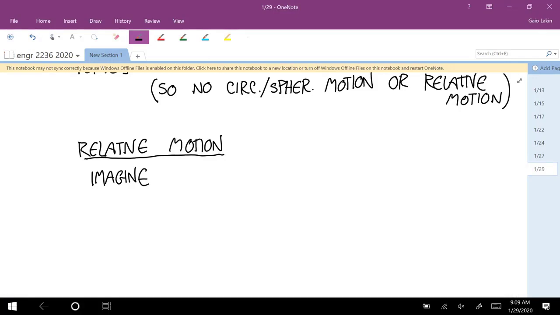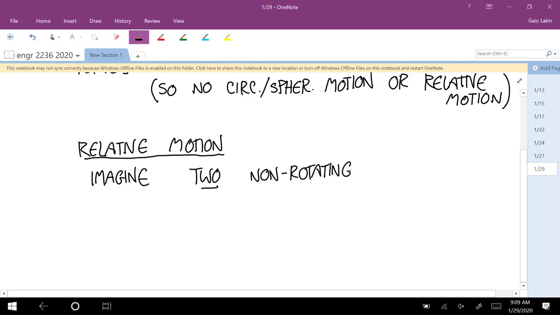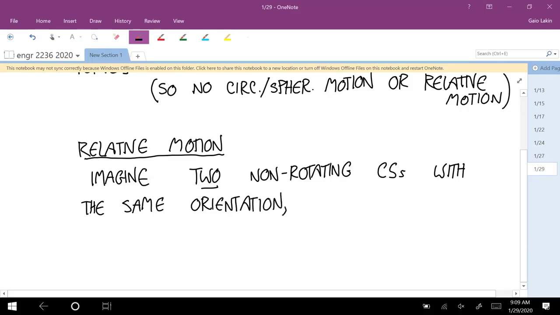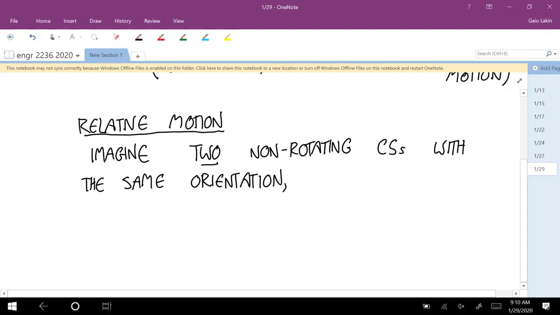So now imagine two separate non-rotating coordinate systems with the same orientation, and each one is tracking the same object.